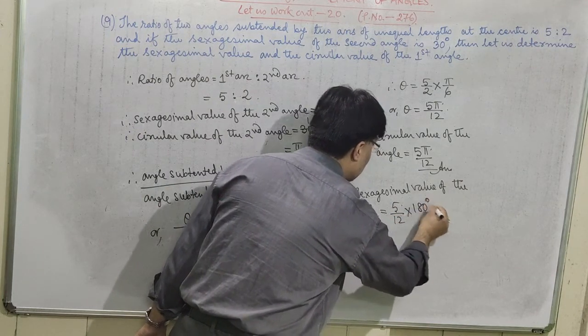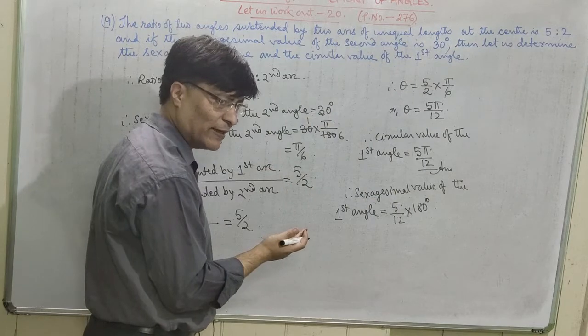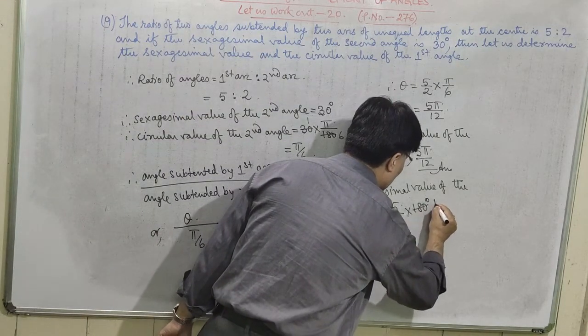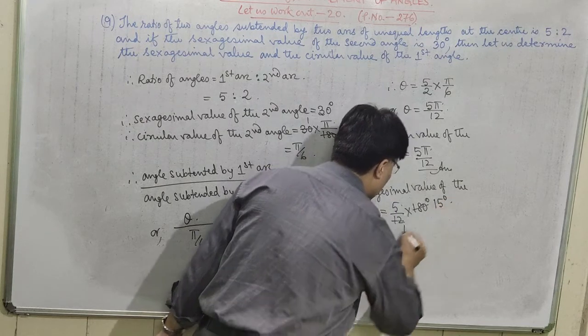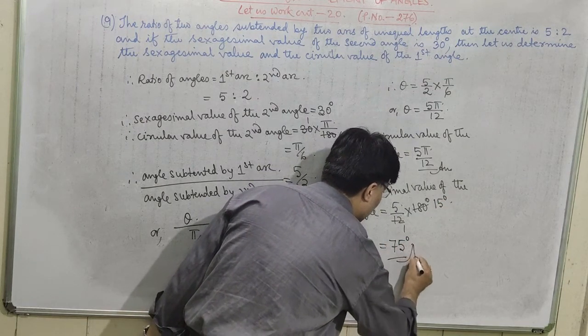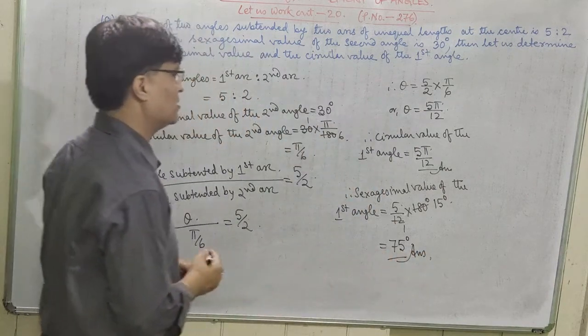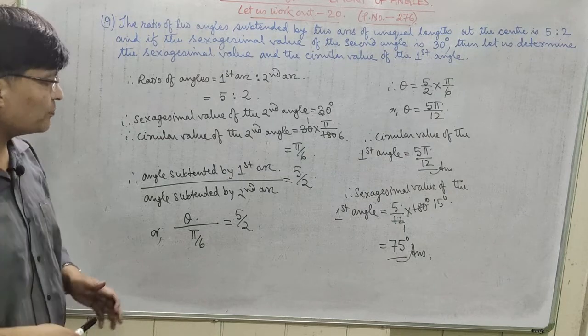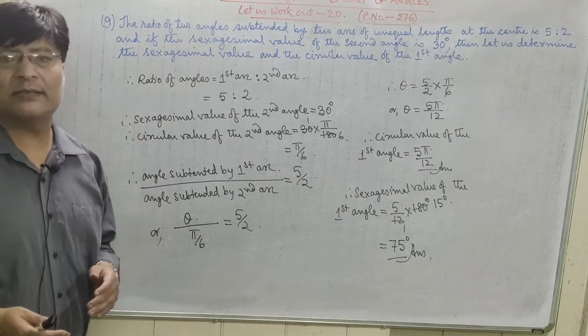So 12 ones are 12, 12 fives are 60, 15 degree, 15 fives are 75 degree. So this is the final answer. So I think you have understood it. Okay, so now you can copy it.